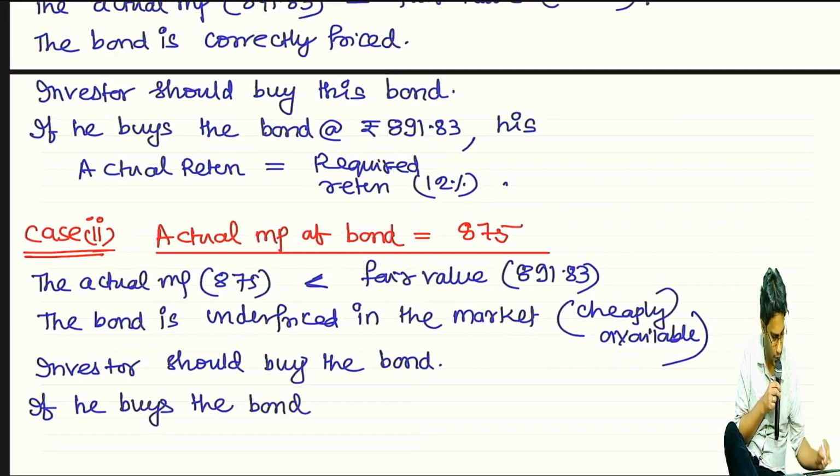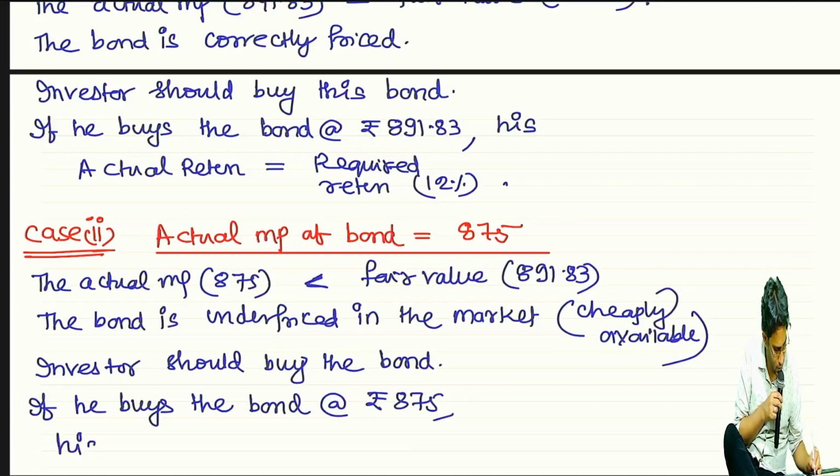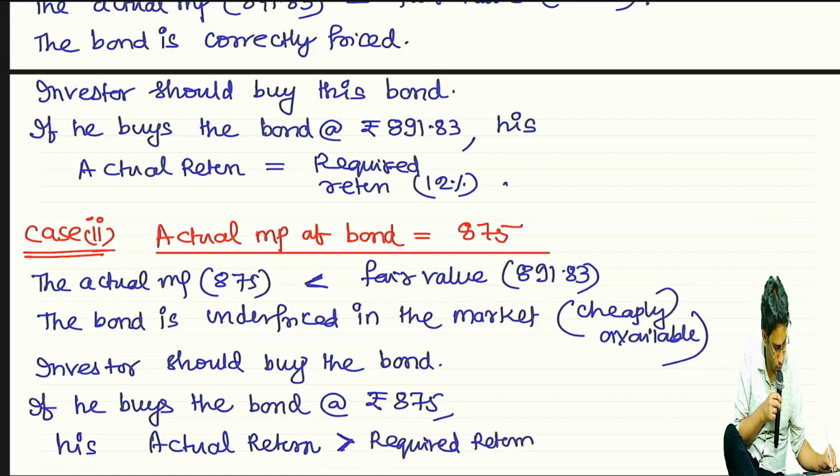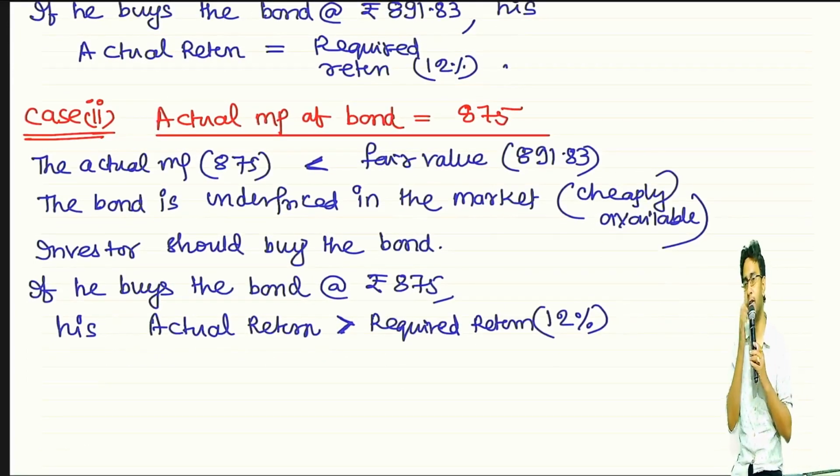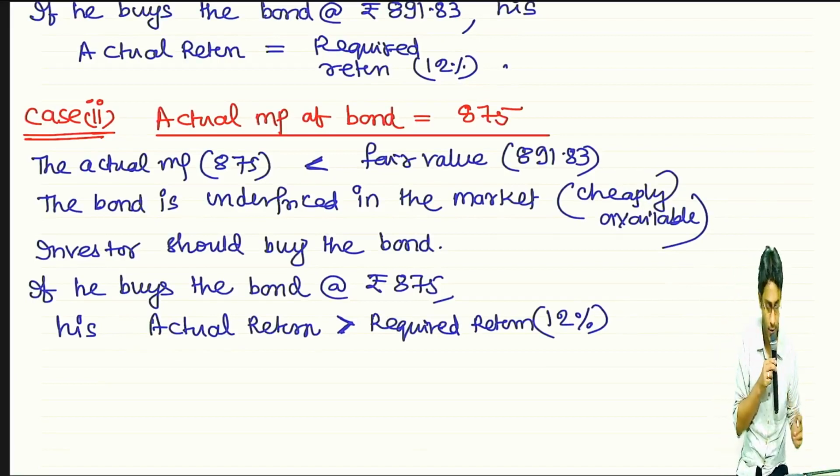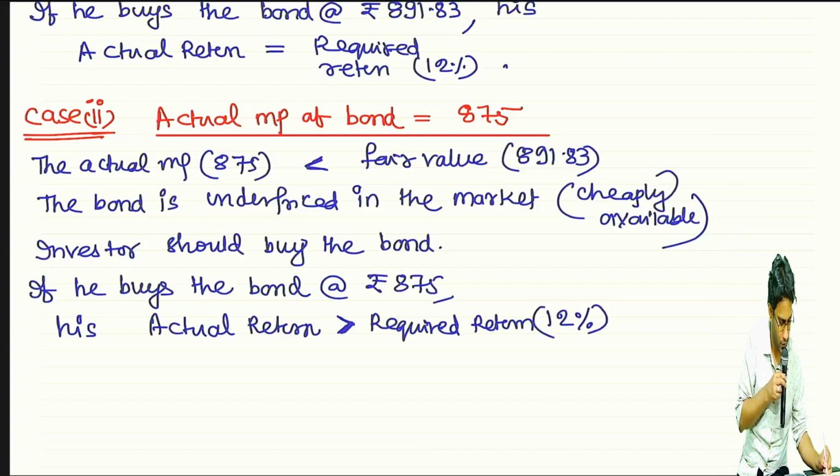If he buys the bond at rupees 875, his actual return, you'll get more than required return. Because your future cash inflows will be same, but your investment amount is reducing. In any return calculation, investment amount is a base point, sir. If investment amount is less, then definitely return will be more. Cash flows also do not change.